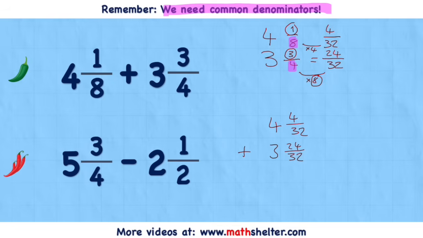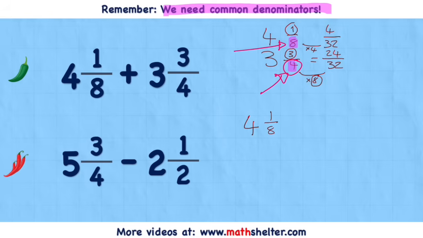But I have seen something even quicker. I can see that there was a relationship between my 4 and my 8 to start with. And I could actually find a common denominator by just doubling my 4 to become an 8. So I don't need all of this. What I could have done is just seen that I have 4 and 1/8.